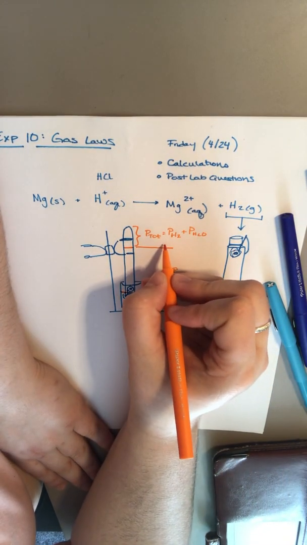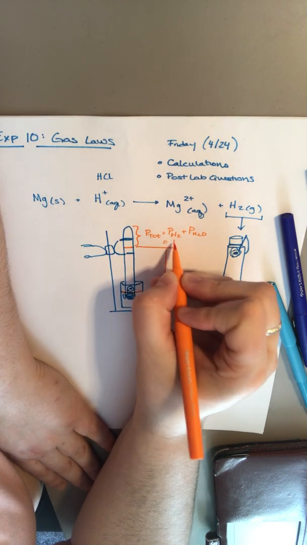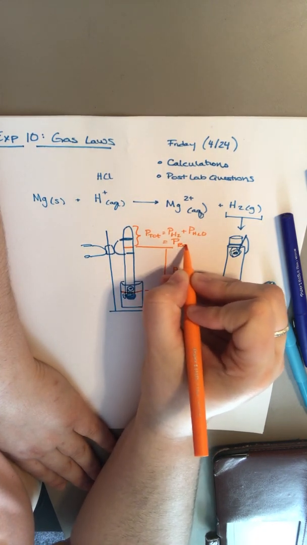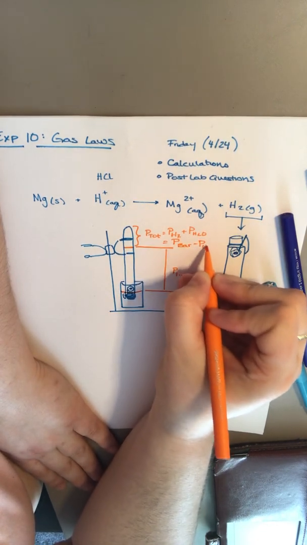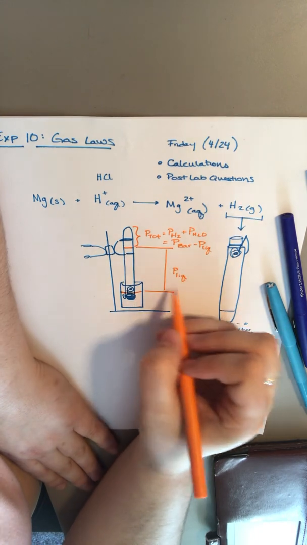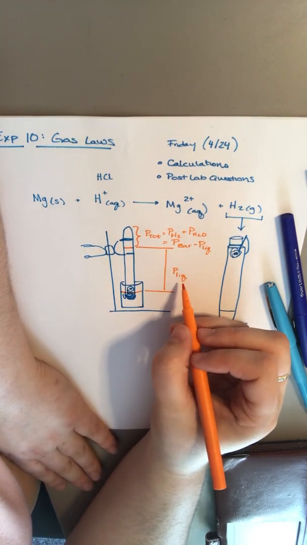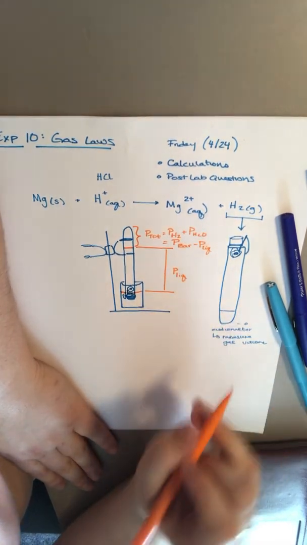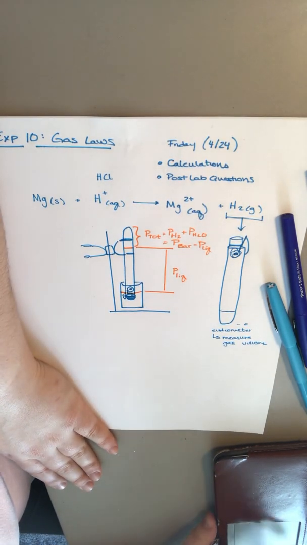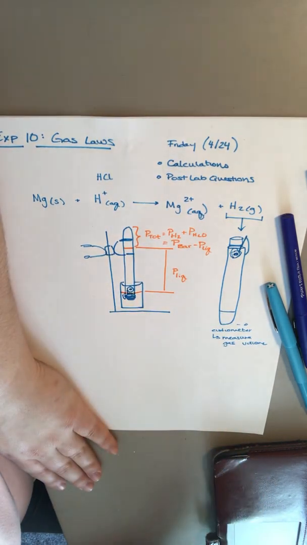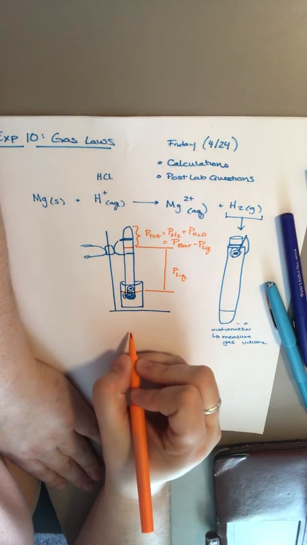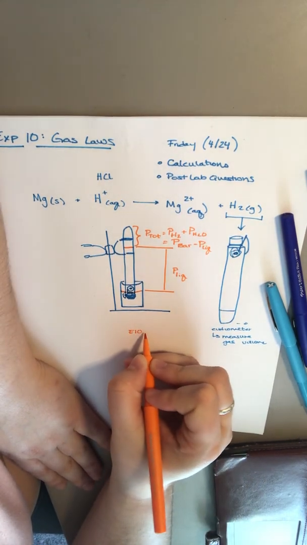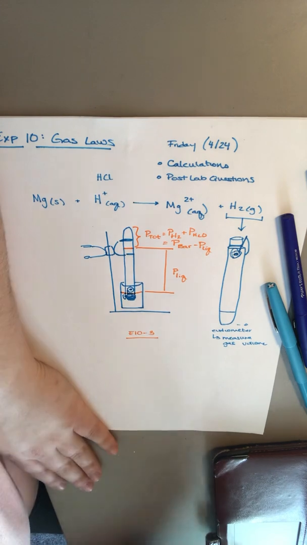We'll be able to determine this by taking the barometric pressure, which will be given, minus the pressure of the liquid, which we know by the height of the water difference. I'll walk through in the calculation section how to determine this. If you want to look a little more in depth at what the eudiometer looks like, there's a nice picture in experiment 10, page number 3 of the manual online.